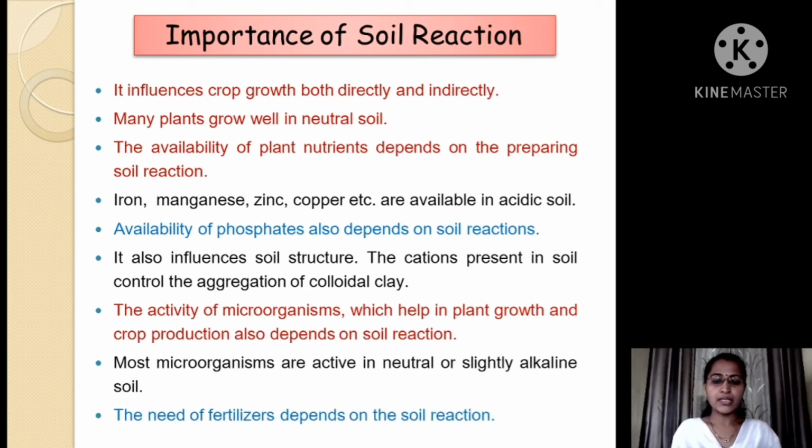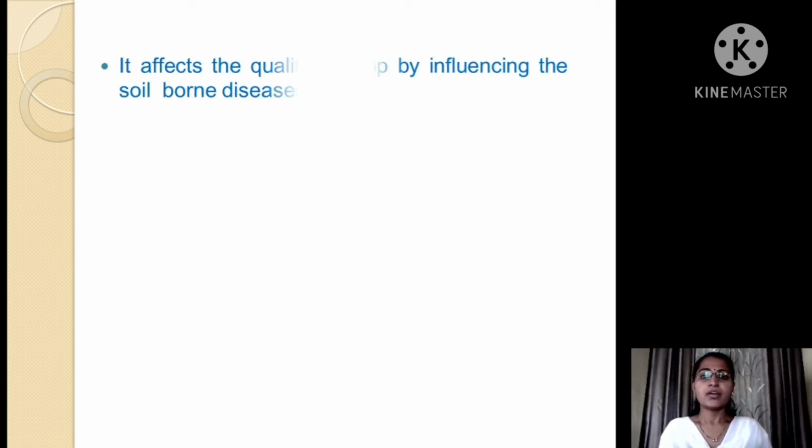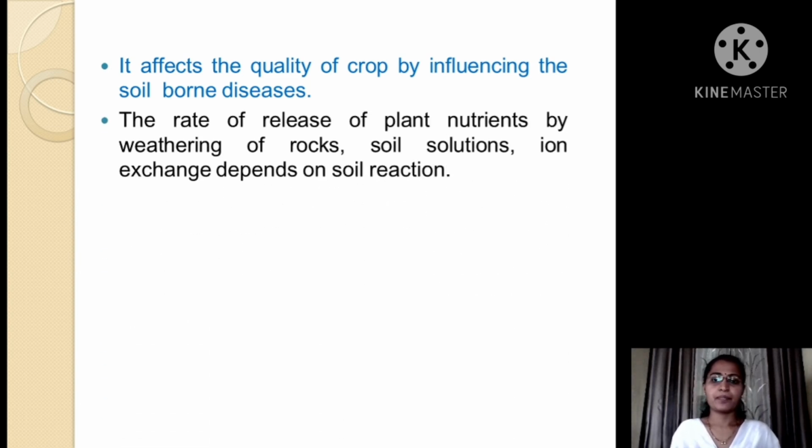The need of fertilizers also depends on the soil reaction. Then it affects the quality of crop by influencing soil-borne diseases. The rate of release of plant nutrients by weathering of rocks, soil solutions, ion exchange depends on soil reaction.